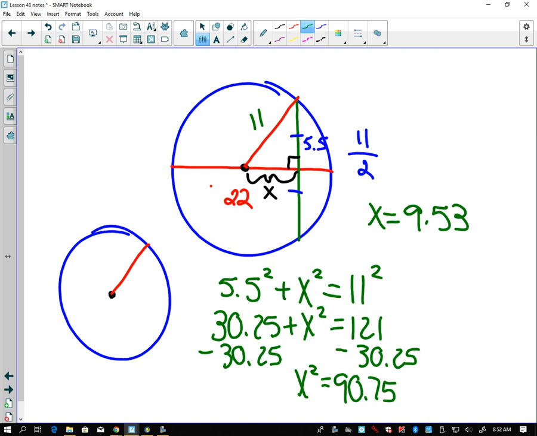I want to know how they knew that this was going to be a special right triangle. And I think what they ended up looking at, what is 5.5 radical 3? Just check it for me. What's 5.5 times radical 3?